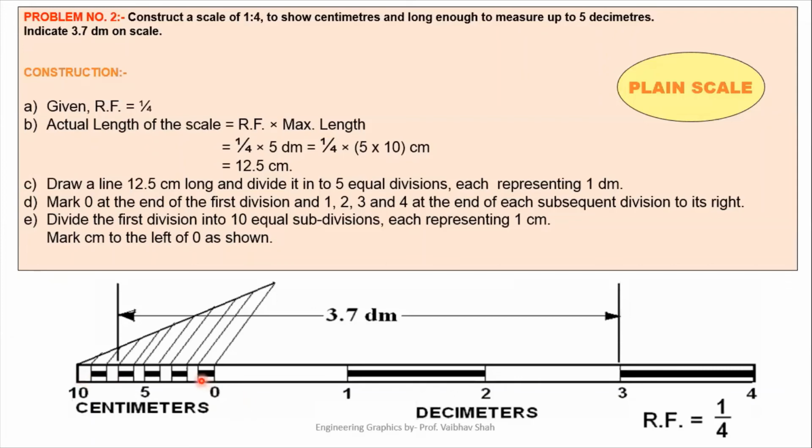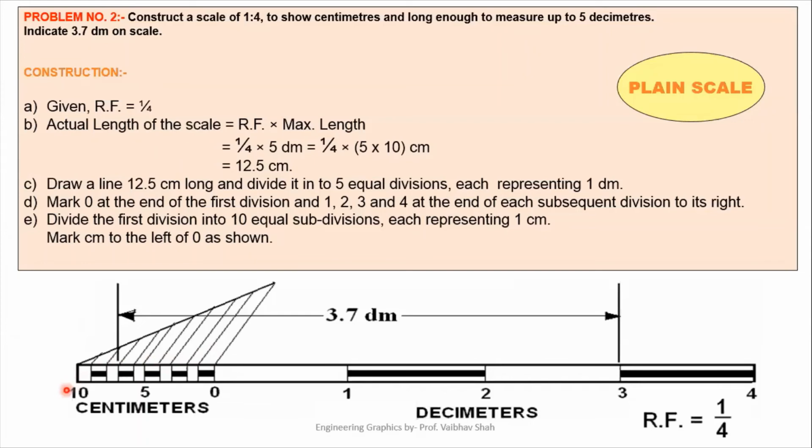Now let us suppose this is the smallest division and you can't divide it into 10 equal parts by any particular division. So you will use the triangle method to divide this particular portion into 10 equal parts. If you don't know how to use this triangle method, then refer to my video on basic prerequisites to engineering graphics and you will get to know how to divide this line into 10 equal parts if we have no particular parts for these divisions.